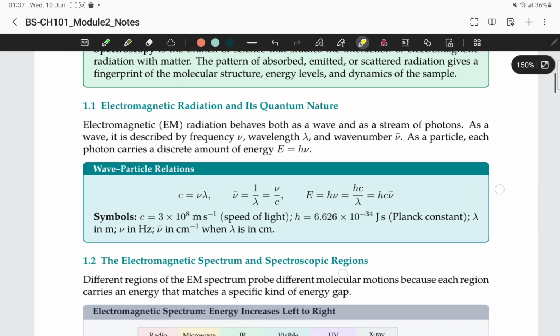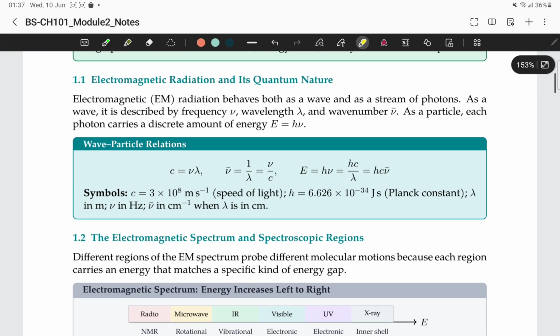After this, let's move to electromagnetic radiation and its quantum nature. Electromagnetic radiation behaves both as a wave as well as a stream of photons. As a wave, it is described by frequency nu, wavelength lambda and wave number nu bar. As a particle, a photon carries a discrete amount of energy equal to h nu.